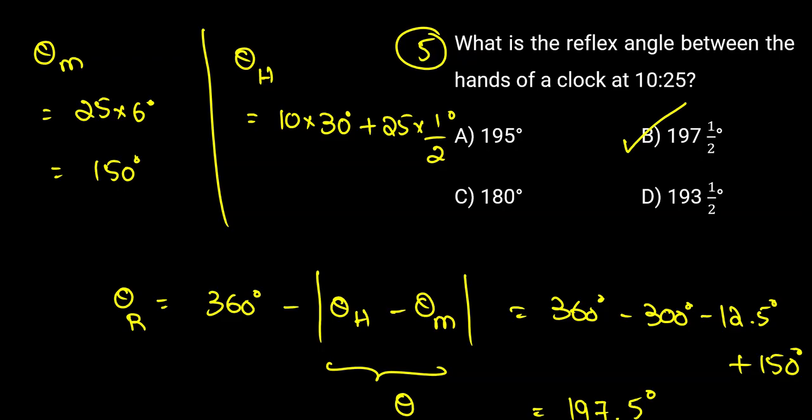Inclined angle and angle between hands are the same. The reflex angle is also the same concept, but we have to do 360 degrees minus the inclined angle or angle between hands.